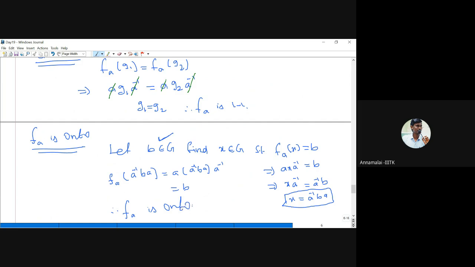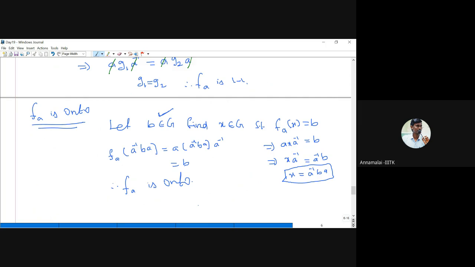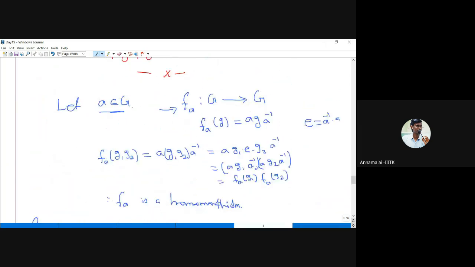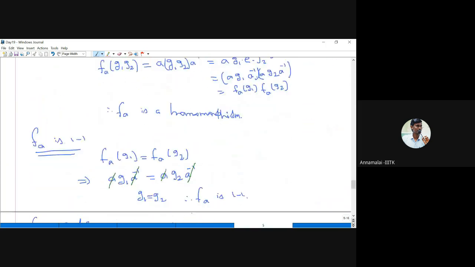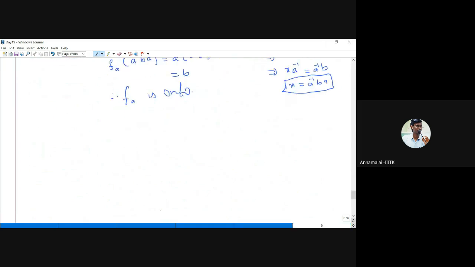So since f_a is 1-1 and an onto homomorphism, it's an isomorphism. Since the domain and the codomain of f_a are the same, it's an automorphism. And this automorphism we call an inner automorphism. So anyway, this f_a is an automorphism, and we call this automorphism an inner automorphism.